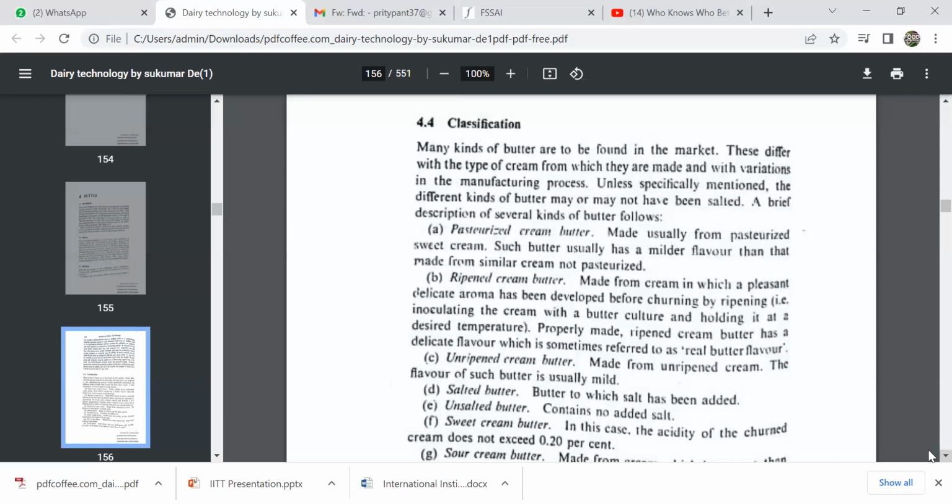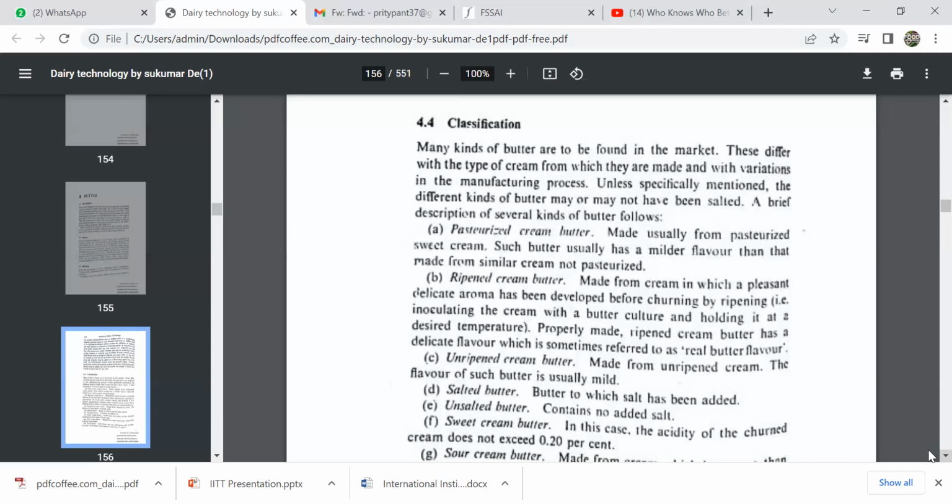Next one is unripened cream butter, which is prepared from the unripened cream, and this kind of butter usually has a mild flavor. Salted butter, in which the salt is added. Unsalted butter with no added salt. Sweet cream butter, in which the acidity of the churned cream does not exceed 0.20%.